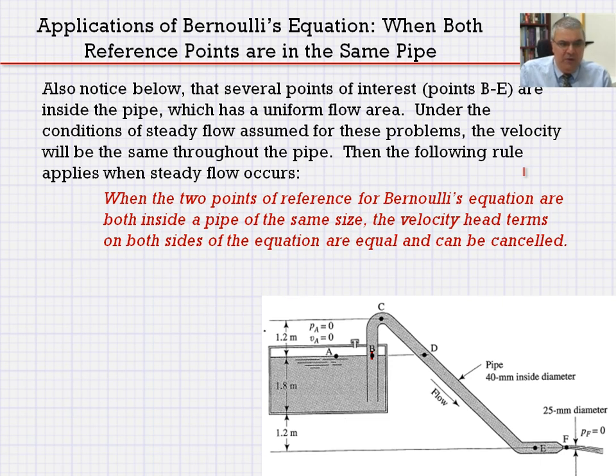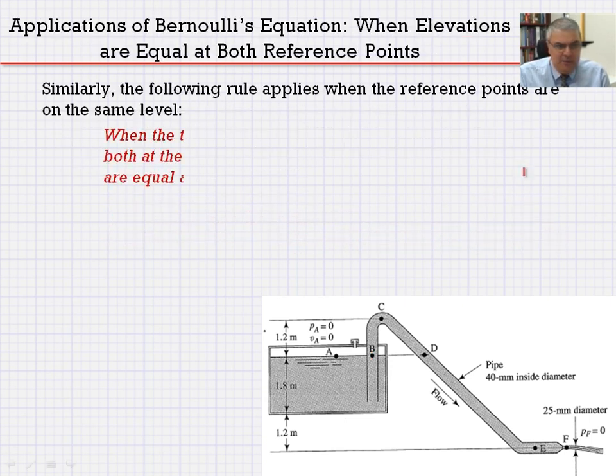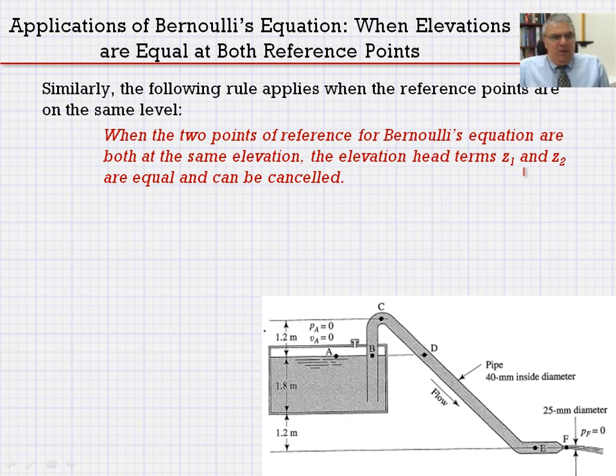So when there are 2 points of reference for Bernoulli's equation, they're both inside a pipe of the same size. No other forms of energy would be taken out or added. Those previous assumptions would still be valid. And then the velocity head terms, in this case, on both sides of the equation would be equal, and they would be cancelled out.